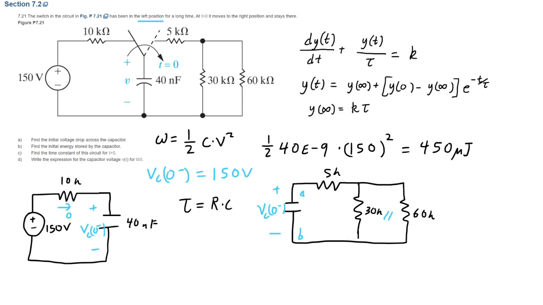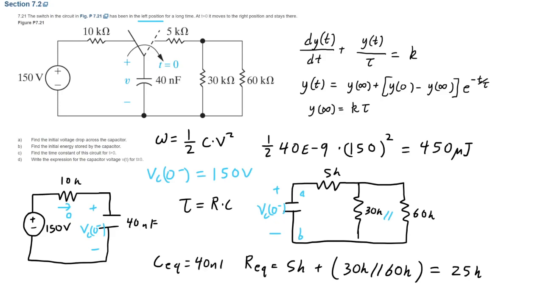So to find the R equivalent, it's going to be 5K plus 30K in parallel with 60K, which is going to be 25K. And since there's only one capacitor in the circuit, C equivalent is going to be 40 nanofarad.